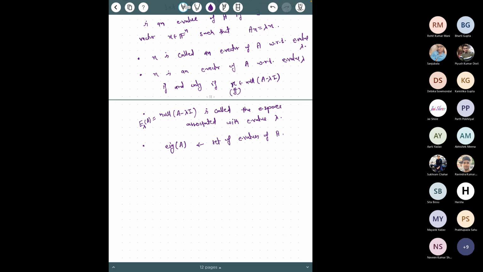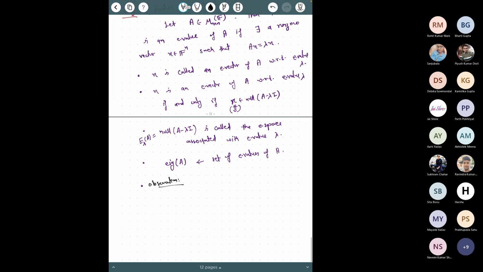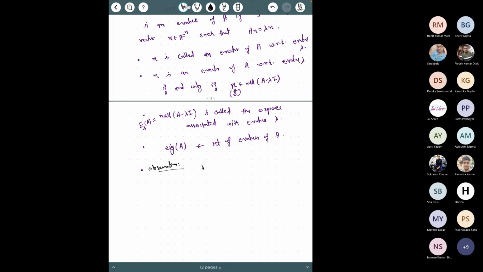Now let us make this observation. If lambda is an eigenvalue of A, then what can you say about the determinant of the matrix A minus lambda I?